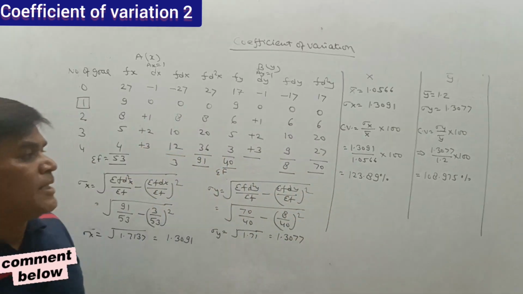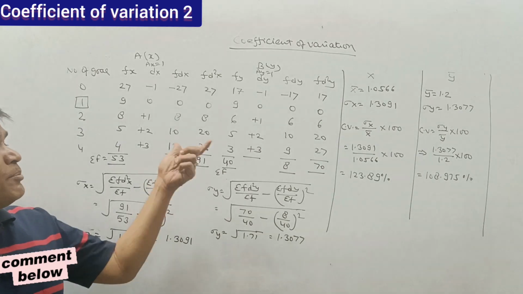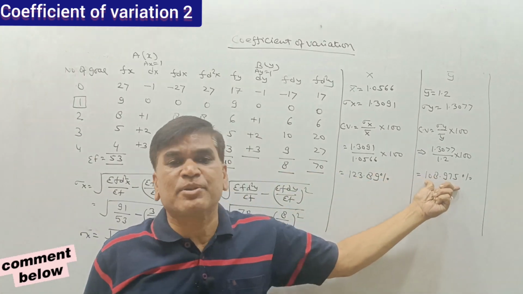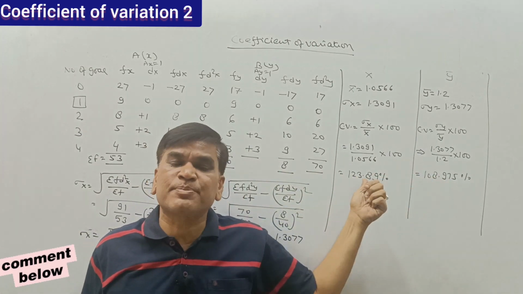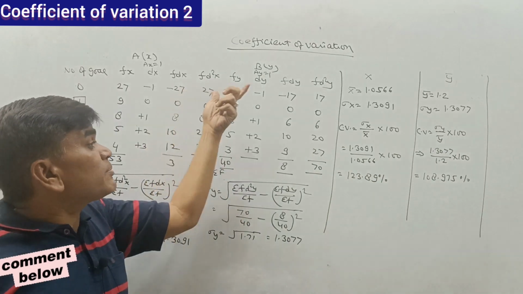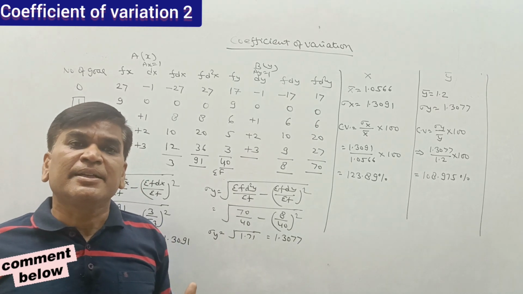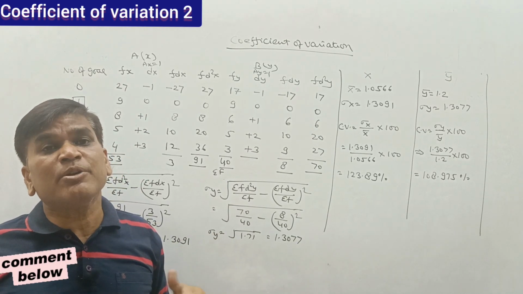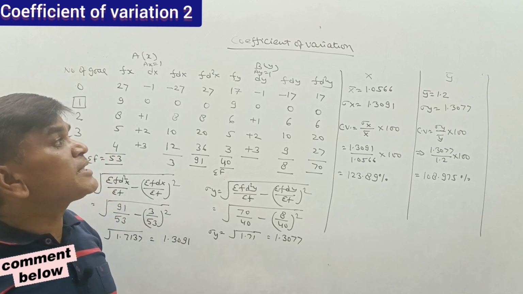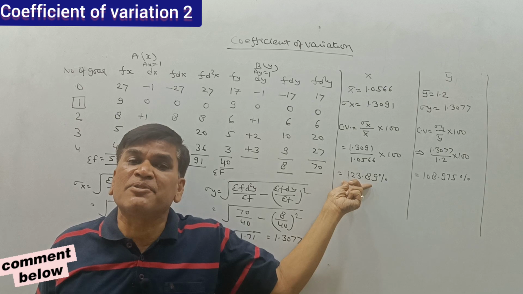So as far as the consistency is concerned, the B series has more consistency because this percentage value is less, while this percentage value is high. So we will say in B team there is more consistency than A team. If the question asks which team has more variation, then we will say that A series has more variation because the percentage value is high.